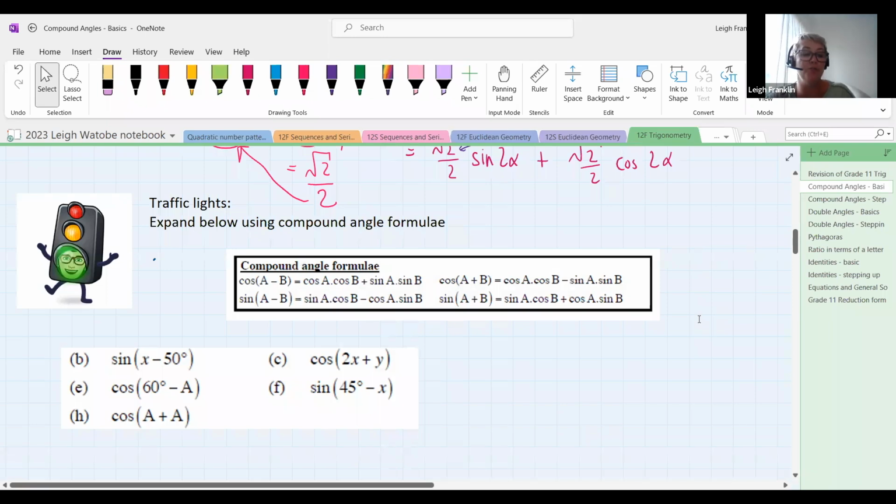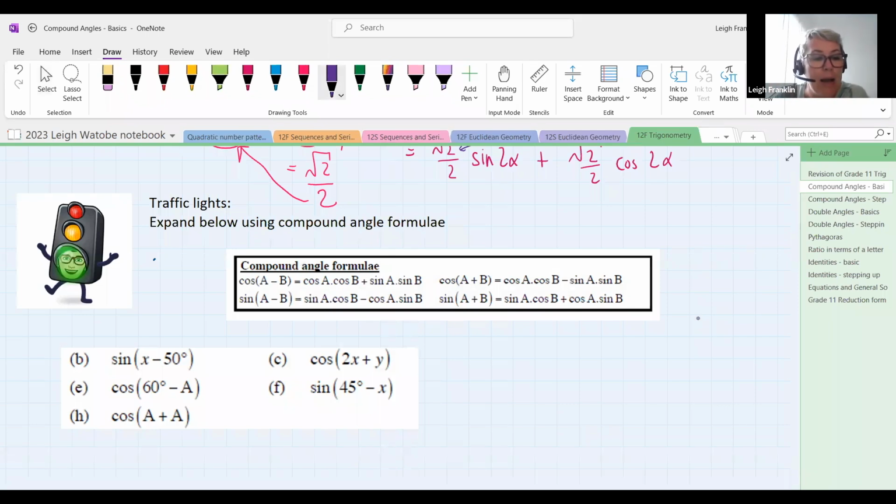We don't have to do all of them, so let's pick a couple. Let's try this one, let's try that one, and then for fast finishes, we can try H as well. I just want you to expand them, please. Off you go.